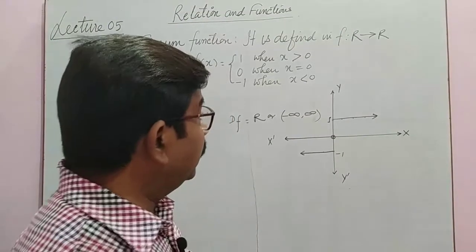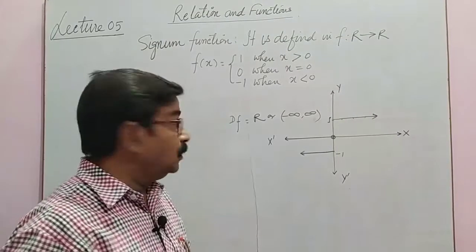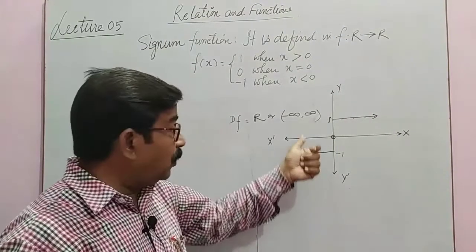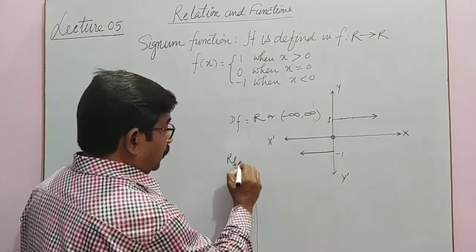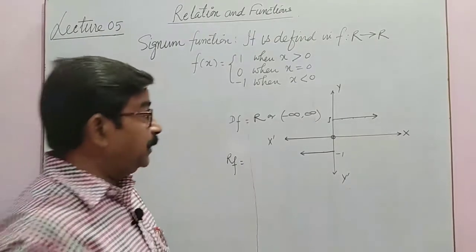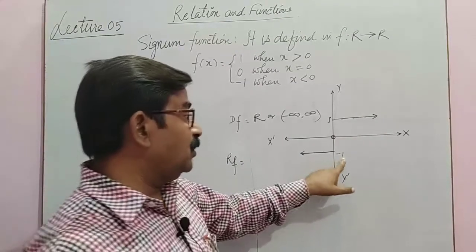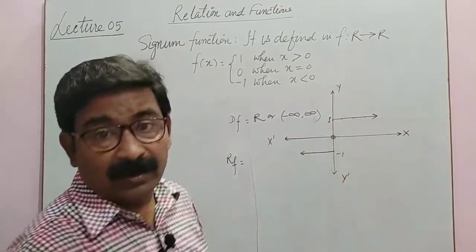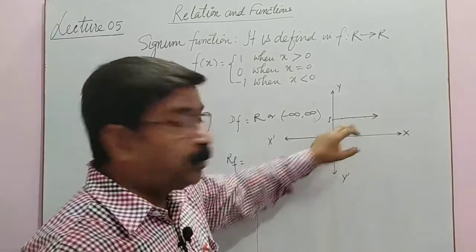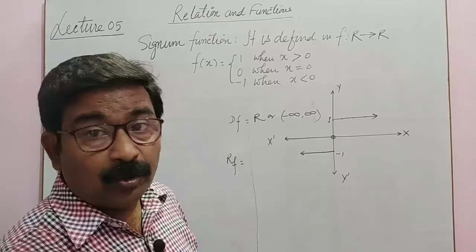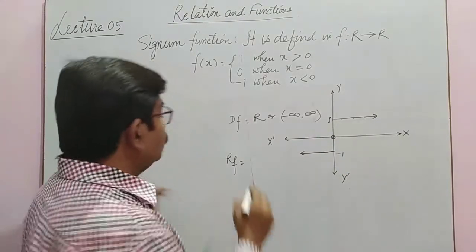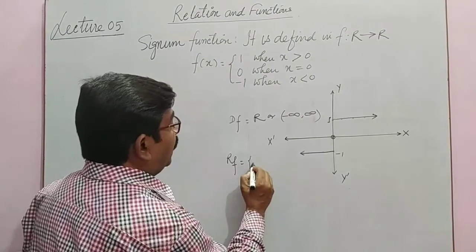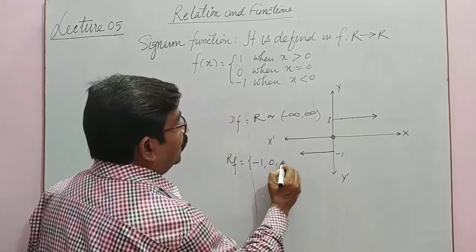And talking about the range of the function, see, it is minus 1, 0 and 1. So minus 1 to plus 1, both minus 1 and plus 1 included, or you can write like this, minus 1, 0 and 1.